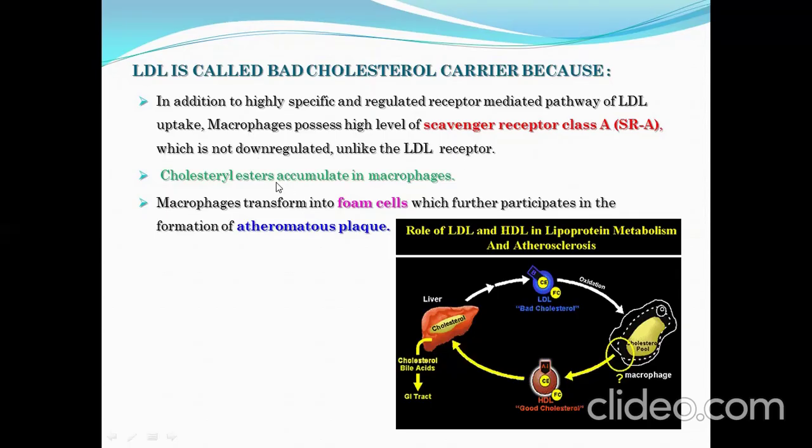So cholesterol esters accumulate in macrophages. So macrophages transform into foam cells, which further participate in the formation of atheromatous plaque. So that is the mechanism, as I already told you.